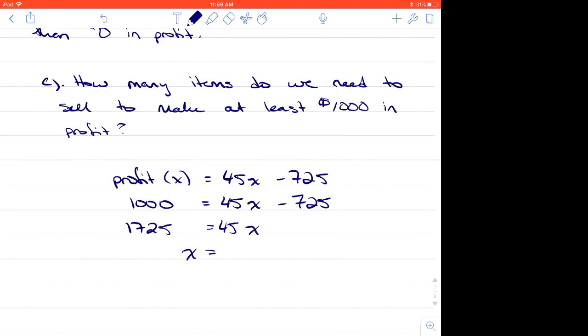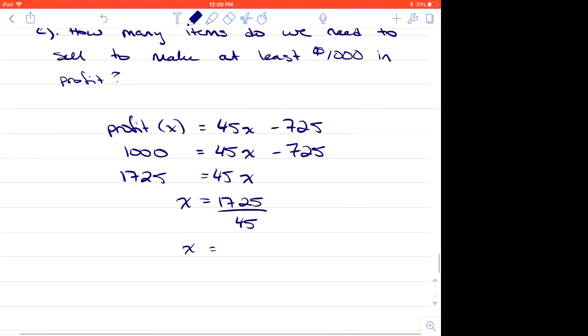Dividing both sides by 45, we get 1725 over 45. So x is roughly 38.33. You don't have to do the approximately equal sign, that's the squiggly equals. Whenever you're rounding or capping repeat decimals, technically you're approximating, so you use the approximately equal to.